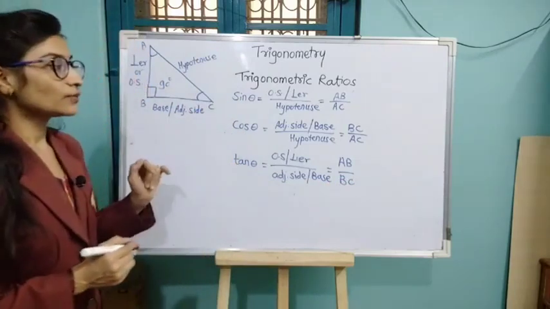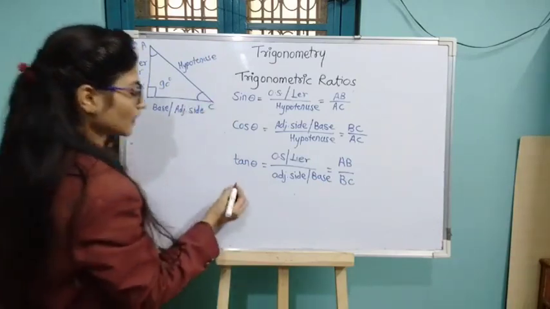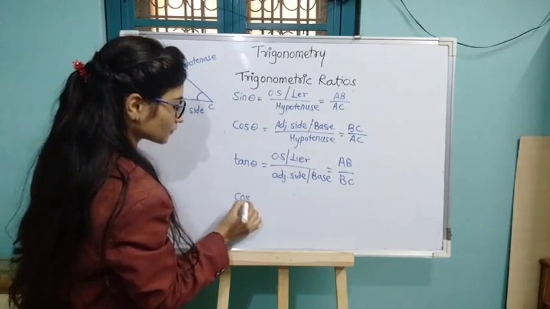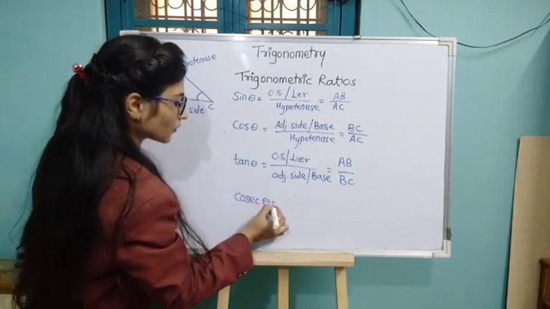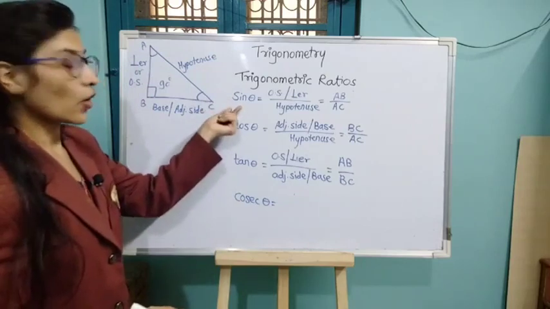Now think about the next trigonometric ratio, cosec theta. Cosec theta is exactly the reciprocal of sin theta.